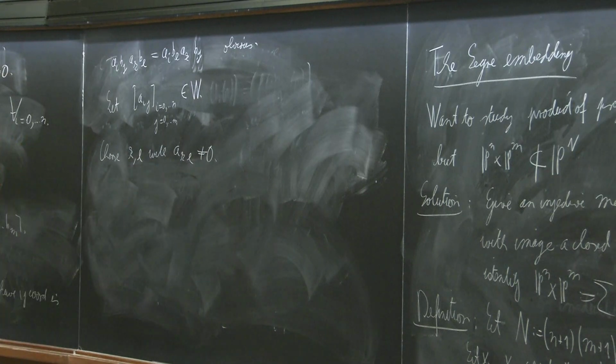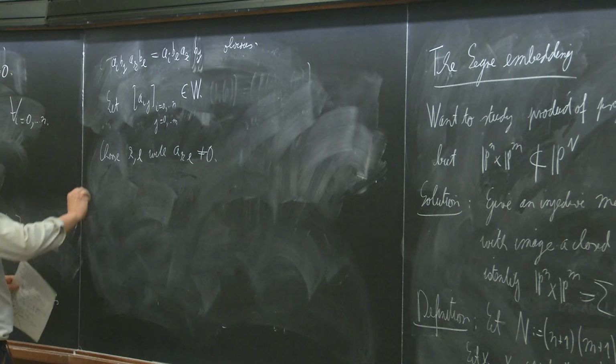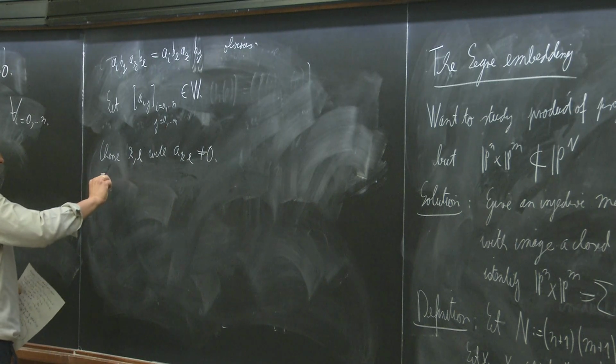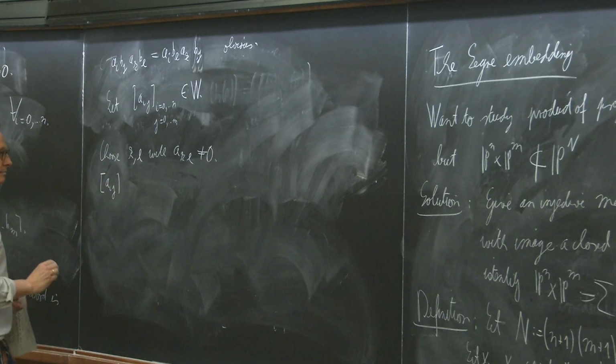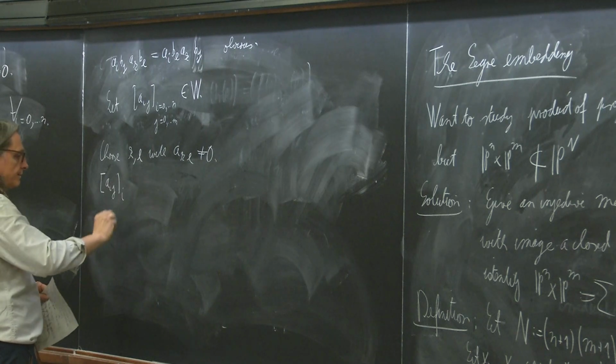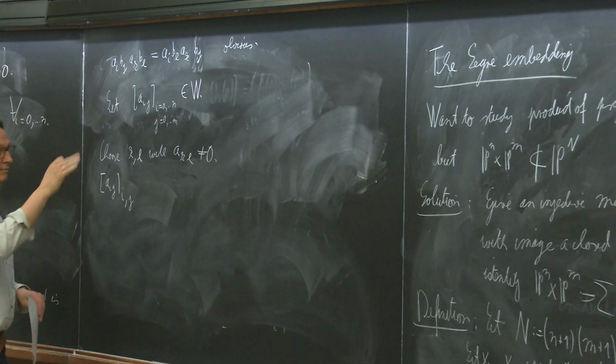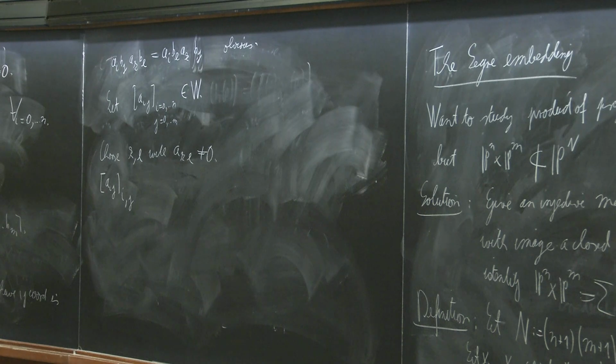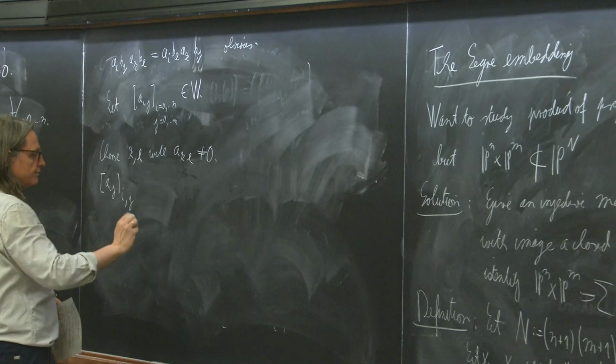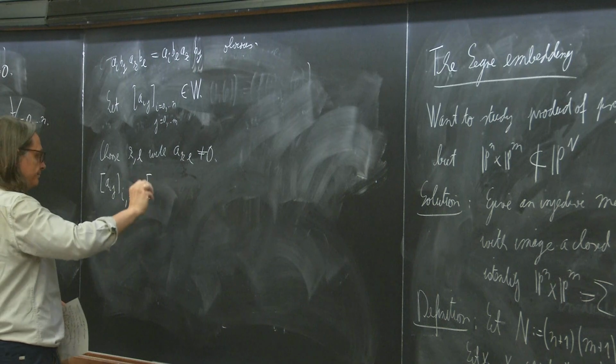We choose a coordinate which is non-zero. Now, we can obviously do the following: if I take our vector A_ij, where i and j still run from 0 to n and 0 to m, I can multiply it by this non-zero constant, and it's the same.